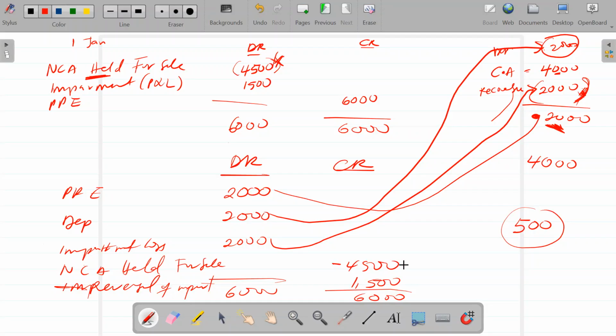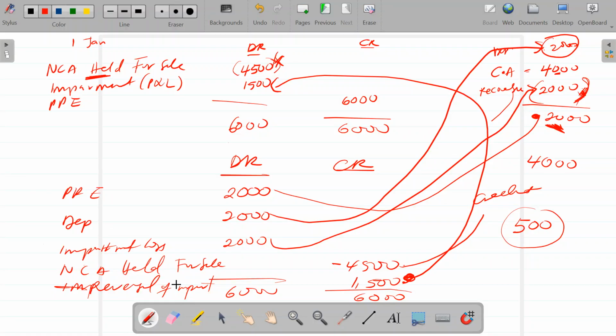So it will be left with a balance of 1,005, and this 1,005 is no other than the impairment. It should be a reversal of the impairment loss we initially recognized. So it's like we are restating. We have to reverse that impairment loss.